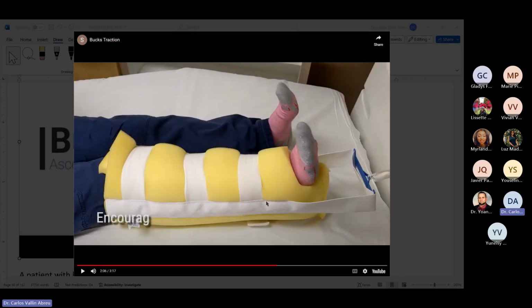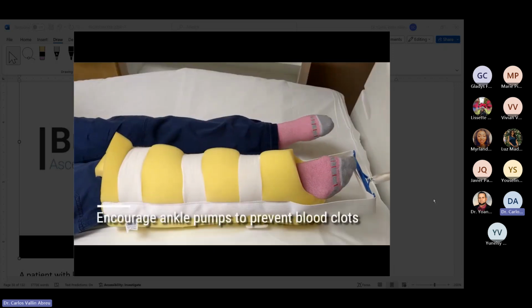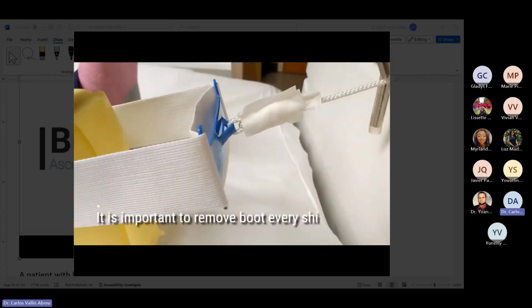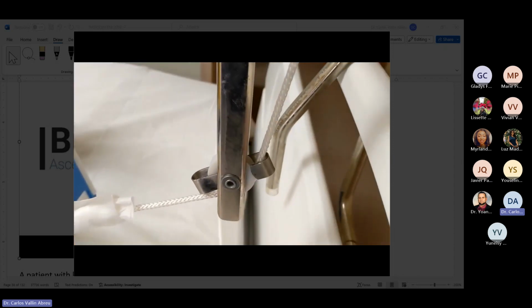If the client needs to be transported, there is no problem in having the weight dangling, swinging, because the pulley prevents this movement from being transmitted to the traction. And yes, there is a risk of DVT, and that's why those exercises are recommended, and any other doctor's order to prevent DVT in this client.